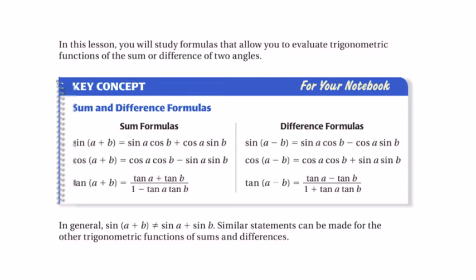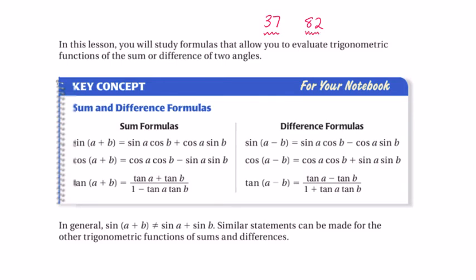So for example, if I had one angle that was 37 degrees and another angle that was 82 degrees, right off the bat, to find an exact value, I wouldn't know what the sine of 37 degrees is. It's not one of those special angles.